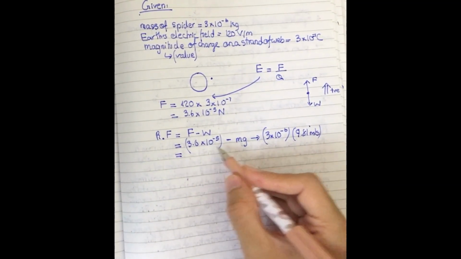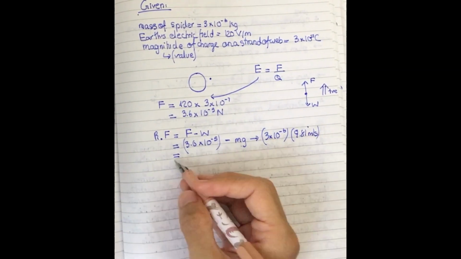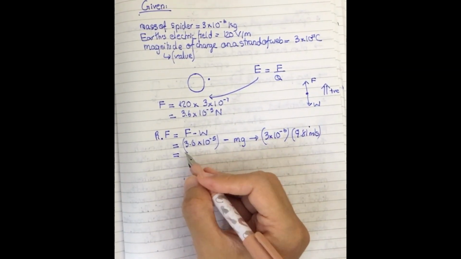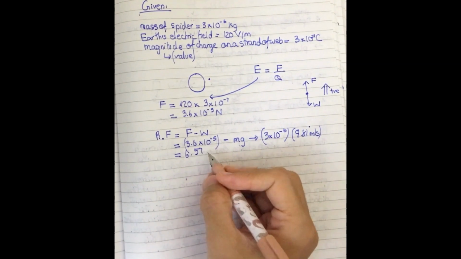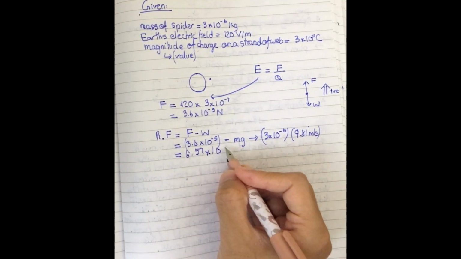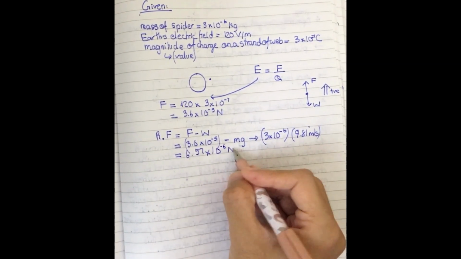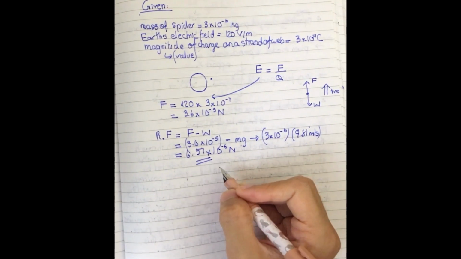Once you do all of these calculations, you get your resultant, which is 6.57 times 10 raised to power minus 6 Newton.